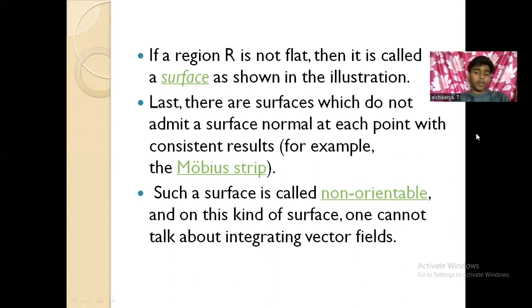The Mobius strip does not admit a surface normal at each point with consistent results. A region R that is not flat is called a surface, as shown in the illustration.